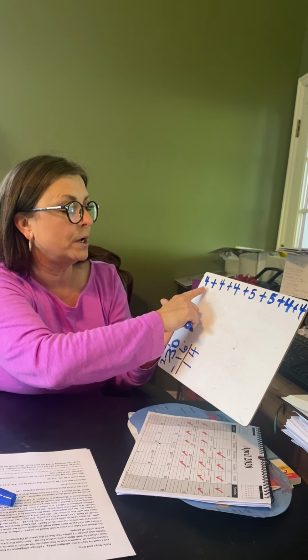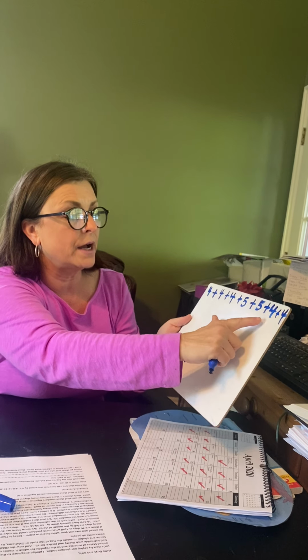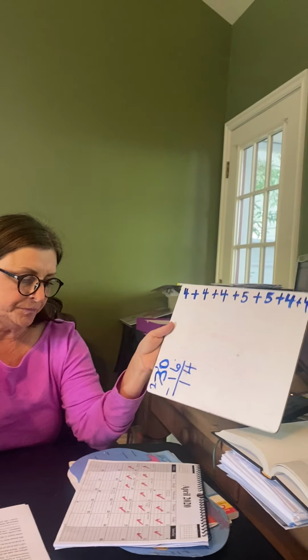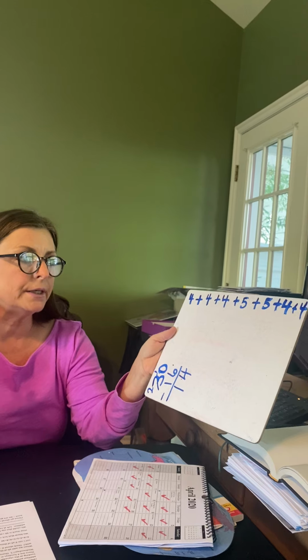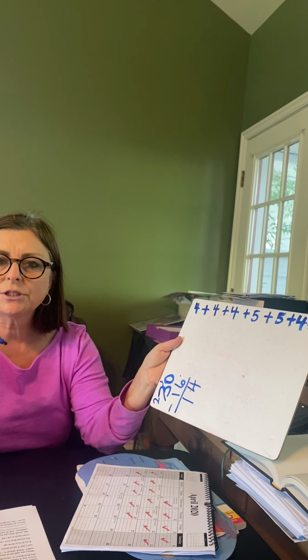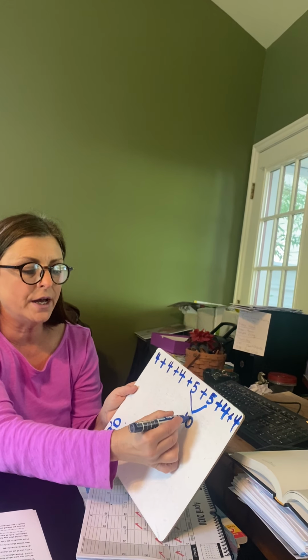We should have 7 numbers up here. Let's see if we do. 1, 2, 3, 4, 5, 6, 7 for each day of the week. Boy, that's a lot of numbers to add together. We have 2 5s. We could go ahead and add those 2 5s together. We know that gives us 10.